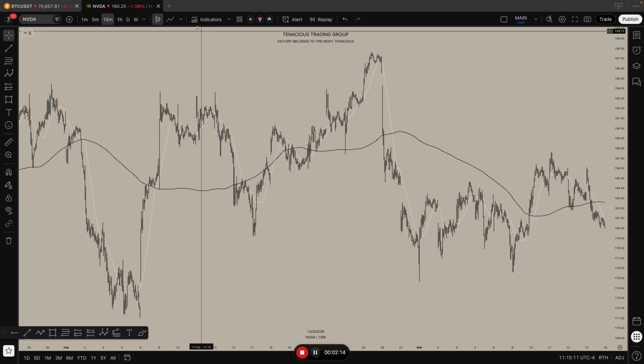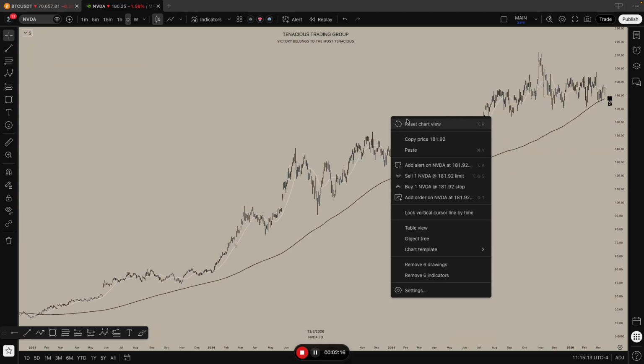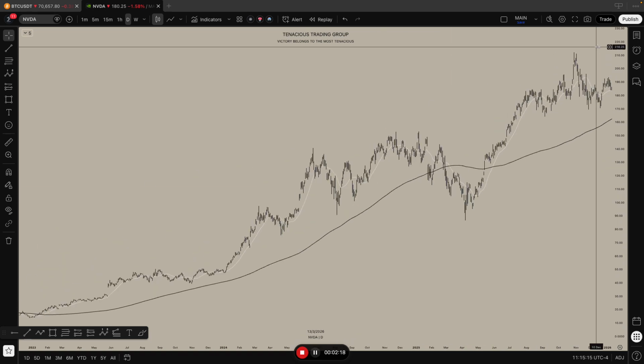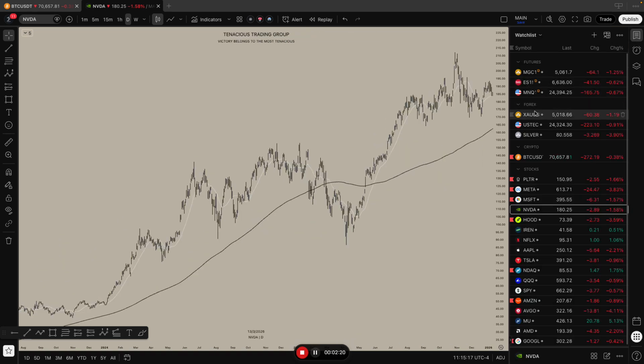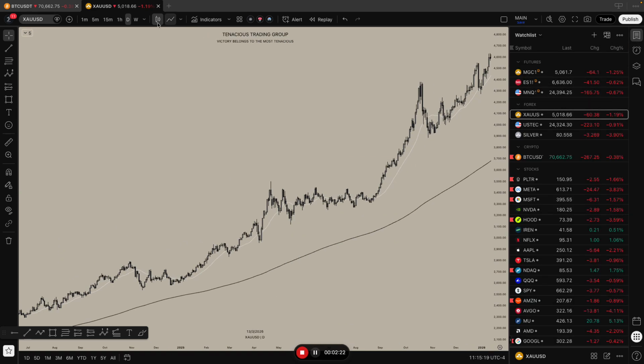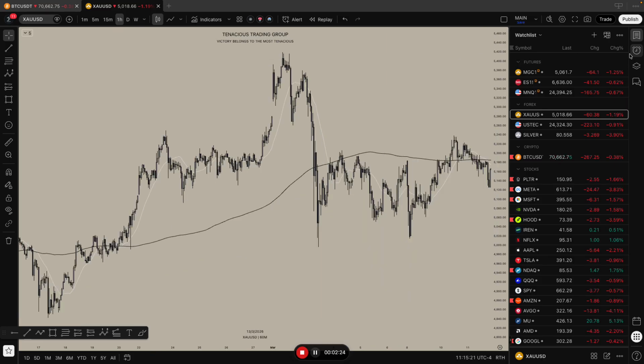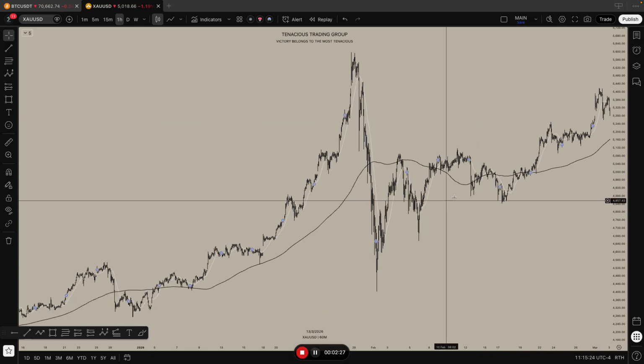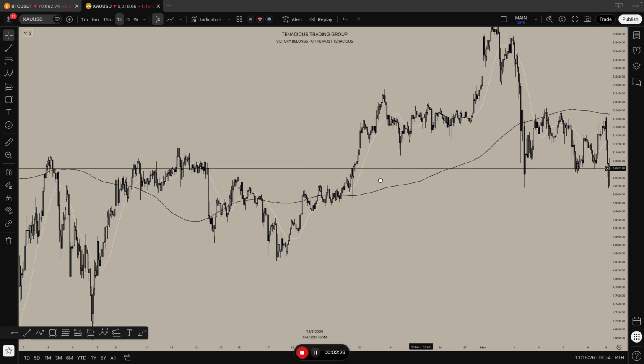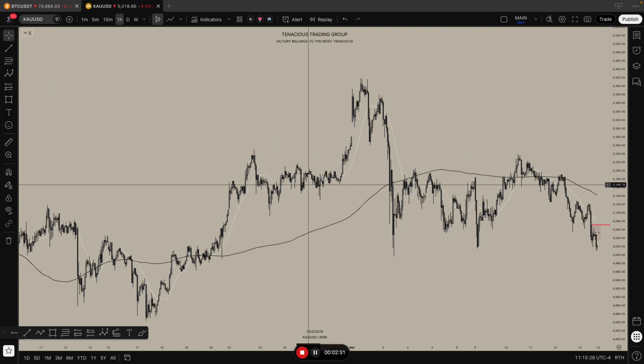So for instance, I'm not using video, I'll use gold. If I started on the hourly chart, just mark out your highs and lows. Make sure they're validated swing highs and validated swing lows.